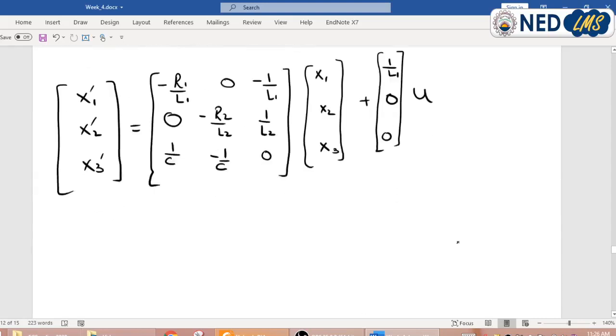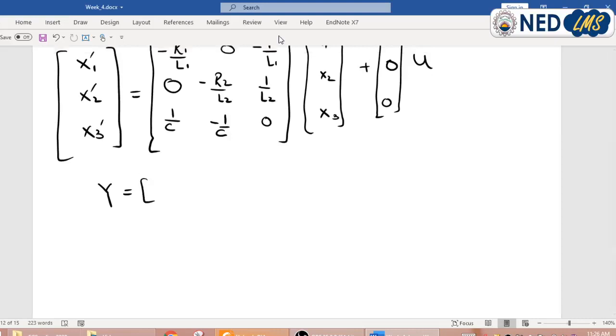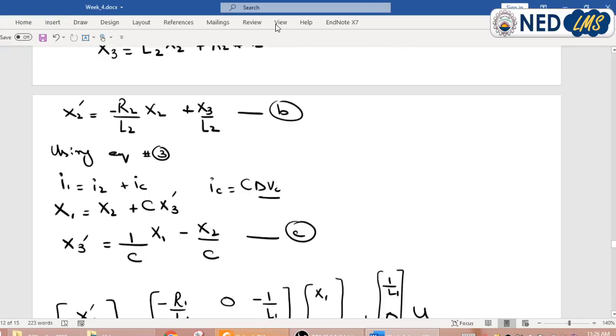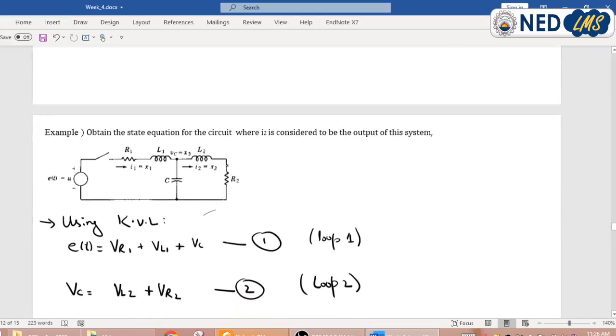So this is the state space representation here, and finally we have an output equation y, which is equal to, here the output of this system was mentioned in this question, which is basically I2.